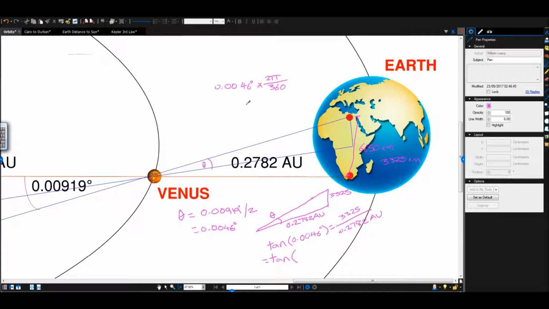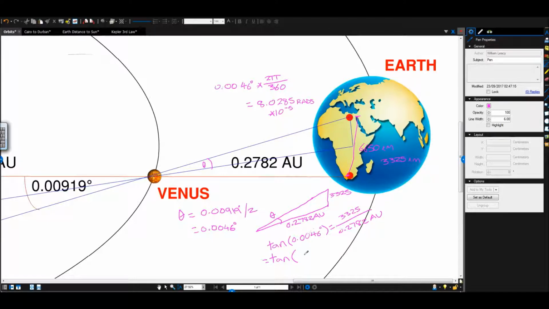That's how you convert degrees to radians. So what I get is 8.0285 times 10 to the minus 5 rads.